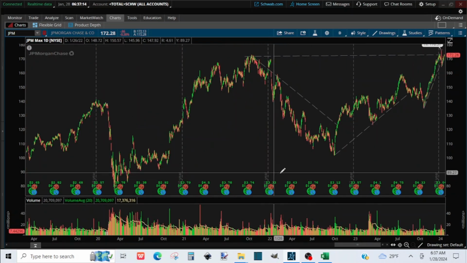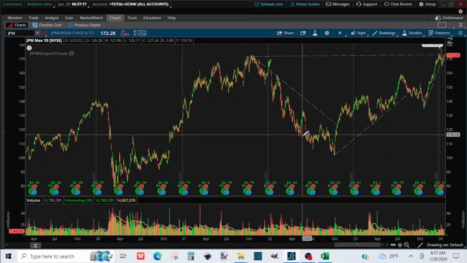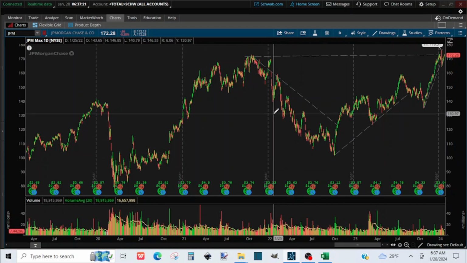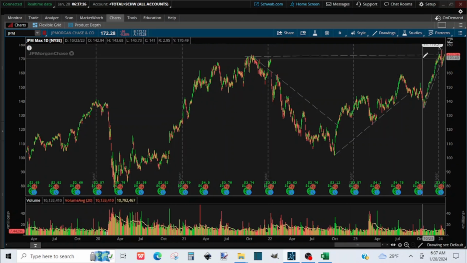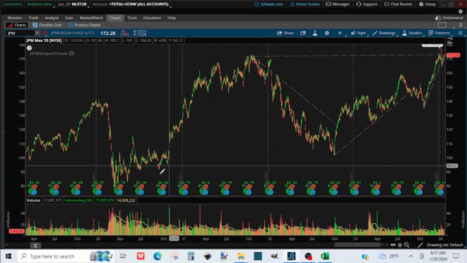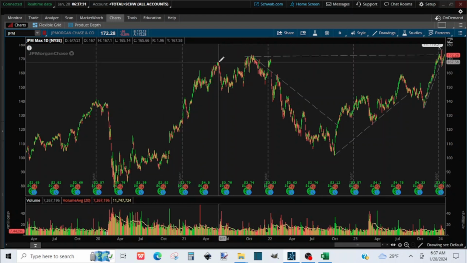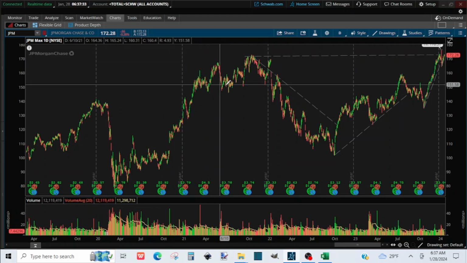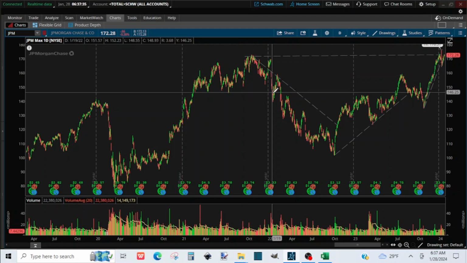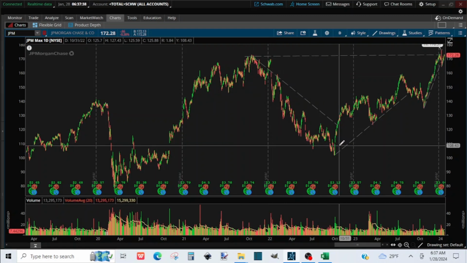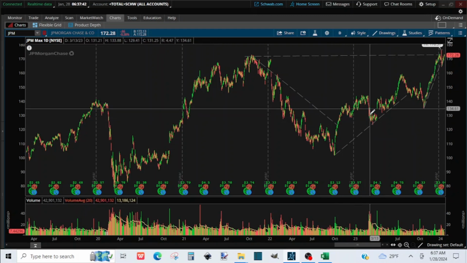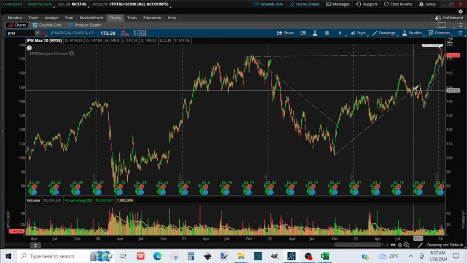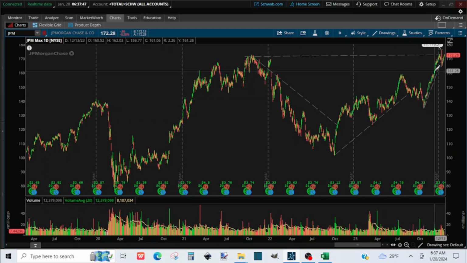Okay, and then I'm going to look at the previous mountain. So we have this one here that is surpassing, and we notice that when it goes up, it fell off a little bit, went up, and then started the downtrend. Then we see it doing those small mountains here, and then started a new one.